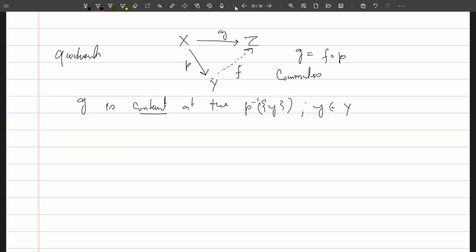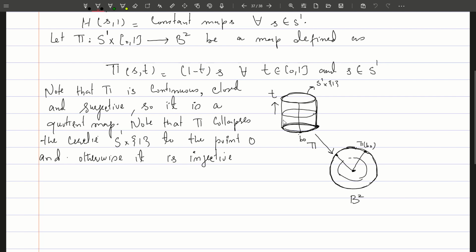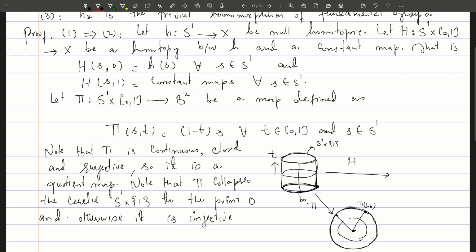Now one can note over here that this pi is given to be the quotient map, and we have a homotopy H from S1 cross the interval 0 1 to the space X, which is a homotopy between the edge of S1 and some fixed point here.